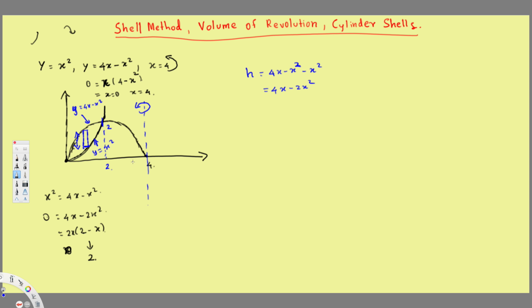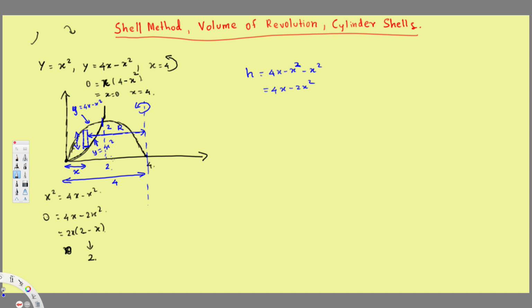And r is basically the perpendicular distance from the rotating axis to the rectangle. So this is what we call r. From the origin to the rectangle, that is called x. And if you notice, from here to here, the total distance is 4.